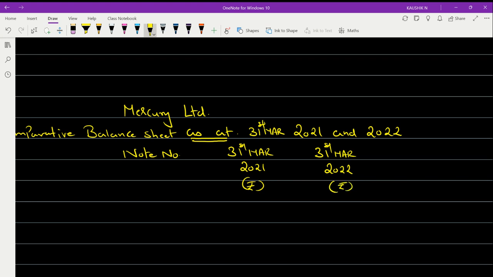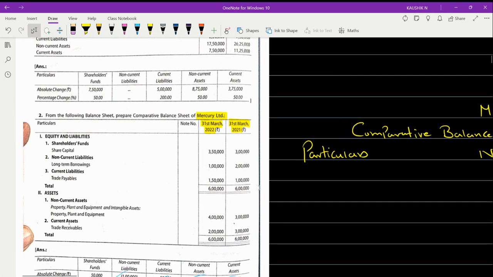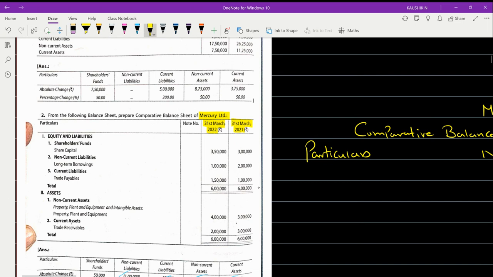So these four columns are already given in the question, but when you look at the question format, the column you have first is your current year and this is the previous year. If the question is in this alignment, then you have to bring the previous year over here and shift the current year to this side.